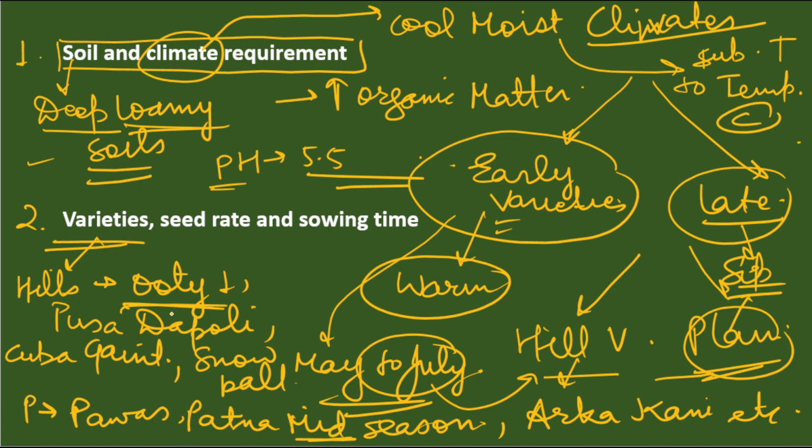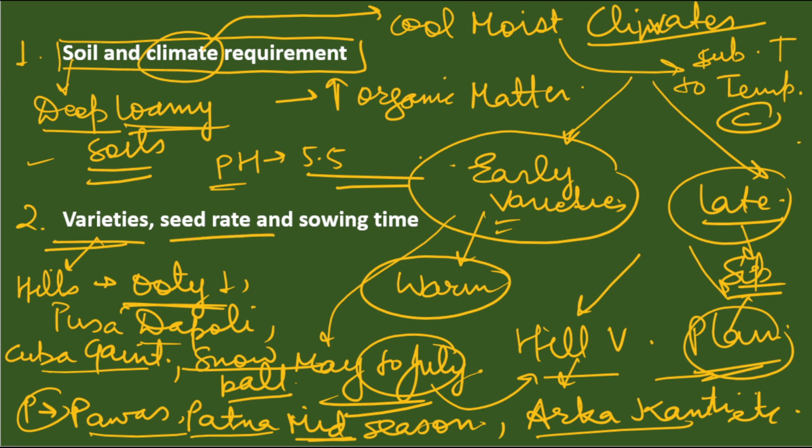Ooty is a hill station, so hill varieties are Ooty, Cuba Giant, Snowball. And plain varieties are Pawas, Patna mid season, Arka Kanti. So I hope you can remember these names and write them in your notes so that you are able to revise. So this was variety.